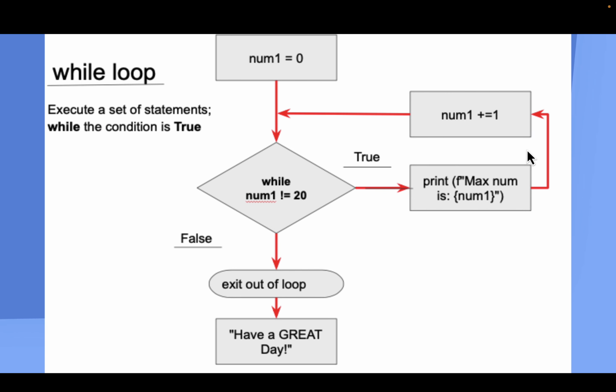Now a for loop is going to be different than a while loop. In a while loop, generally speaking, you can notice that we have num1 is equal to 0. So somewhere before we get into the loop, we have some kind of initialization statement. And then as you see, we go down and we have a while statement.